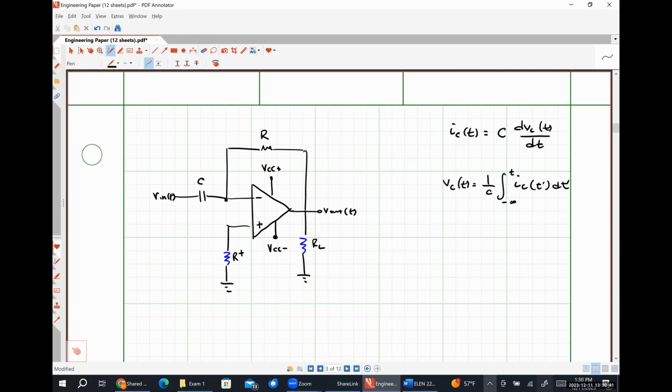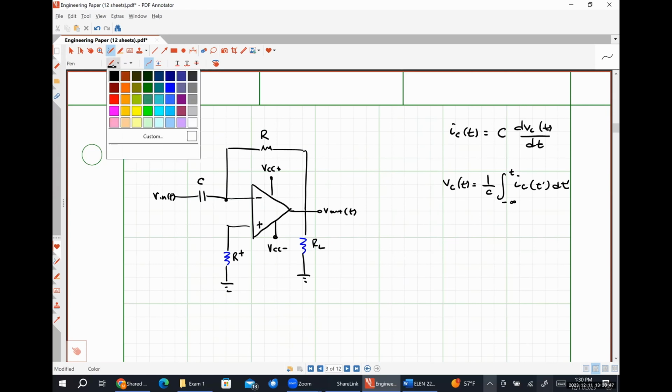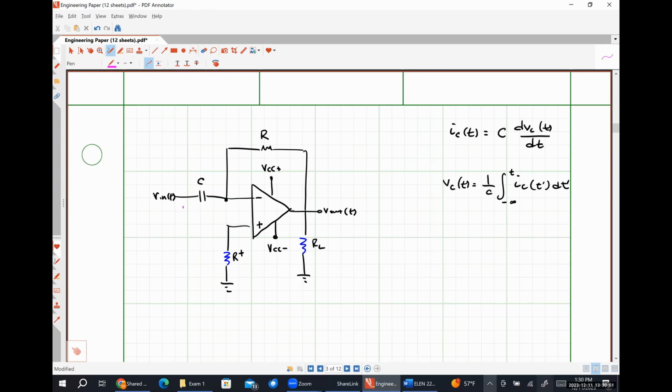All right. So before we get into our analysis here, I'm going to choose to represent my capacitor voltage as positive polarity on left, and I'm going to choose to represent my capacitor current, the stylus will write, as flowing into the positive polarity terminal.